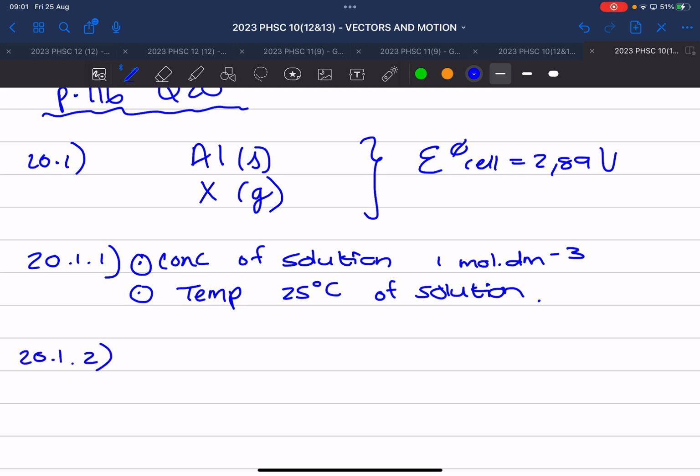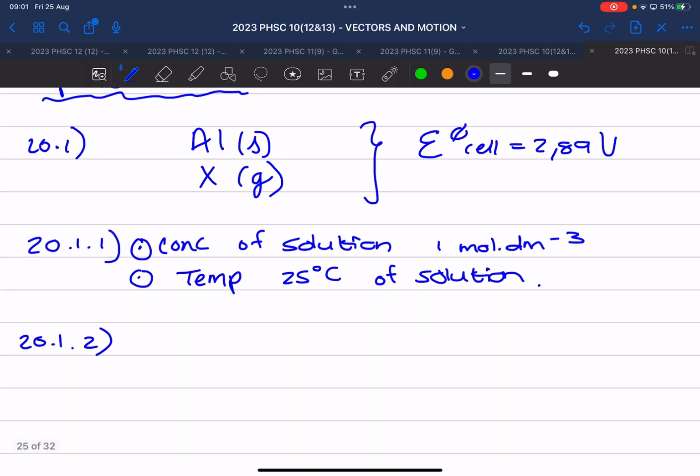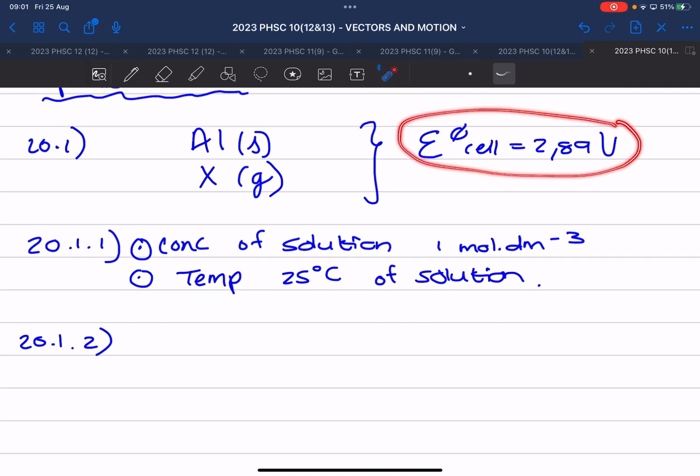Now they asked 20.1.2. Use a calculation to identify gas X. Okay, it counts 5 marks. So they've already given us the volts of the cell. We know the one is aluminium.